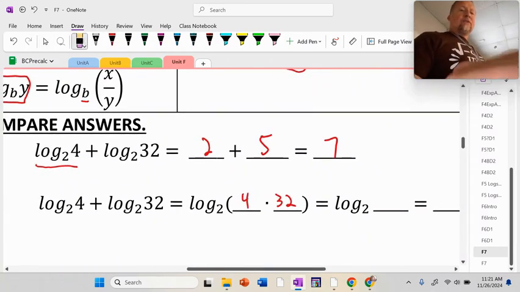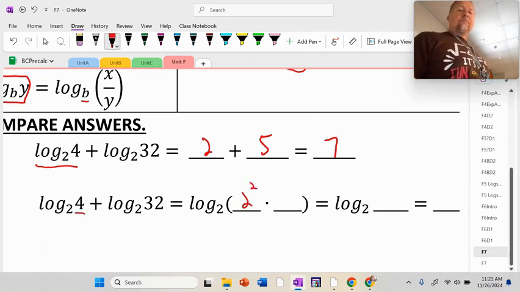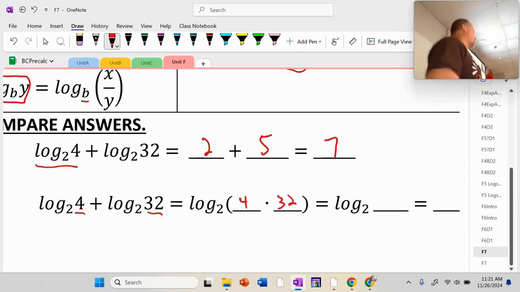Now what we should do is our little exponent thing. You could write it above if you don't want to change this. Isn't 4 2 squared, right? Isn't 32 2 to the 5th, right? Or I could have just taken 4 times 32. What's 4 times 32?